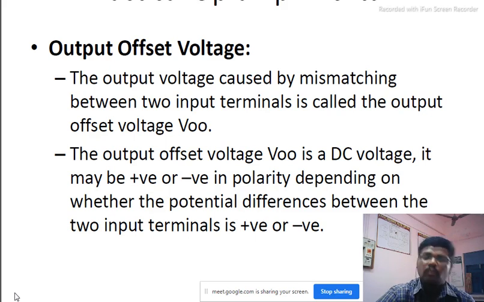Here, the output offset voltage is the mismatch between the two input terminals. In case we give input only to the non-inverting input terminal, the other, the inverting terminal, is connected to ground, and automatically it is in mismatch.